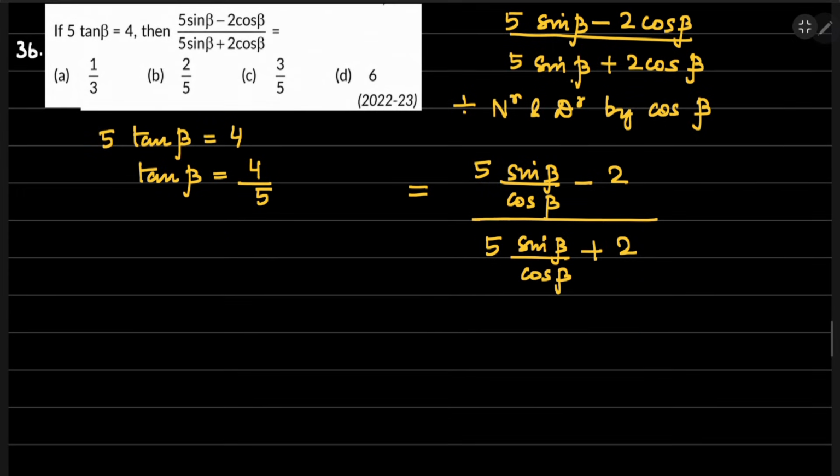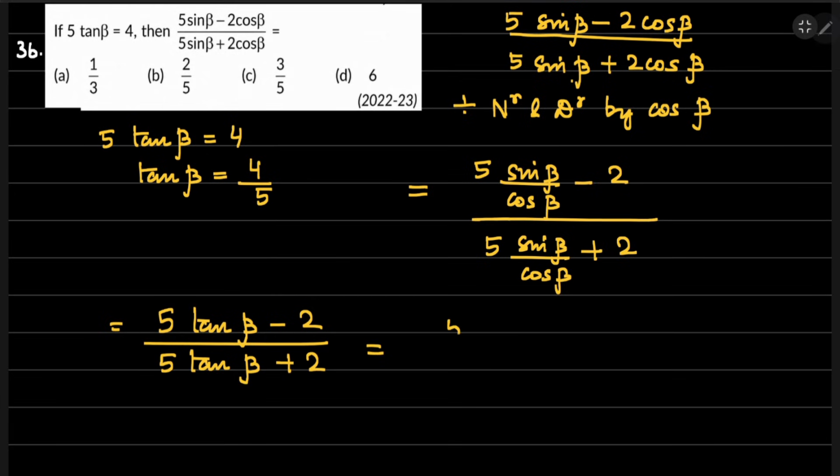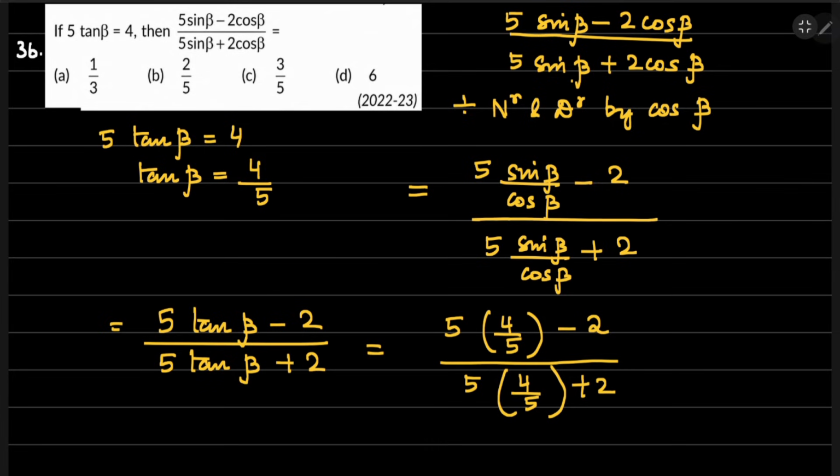So this is equal to, you can write it as 5 tan beta minus 2 whole divided by 5 tan beta plus 2. So just substitute. Tan beta is given as 4 by 5, minus 2 whole divided by 5 multiplied by 4 by 5 plus 2. So 5 and 5 would get cancelled.